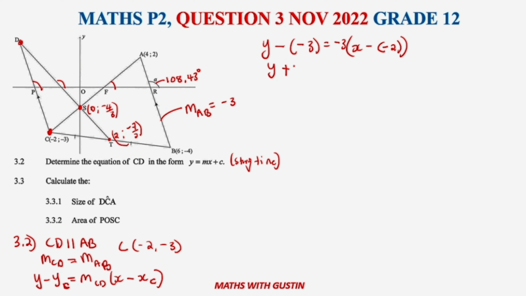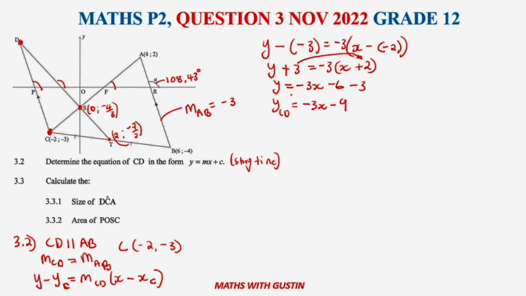So y plus 3 is equal to minus 3 times (x plus 2). Therefore we can remove the bracket there. Now it's going to be minus 3x minus 6. Then you take the 3 to that side of the equation, it's going to change the sign, it's going to be minus 3. Therefore our y at CD is going to be equal to negative 3x minus 9. Great stuff. And that's how you would deal with an equation like this one.